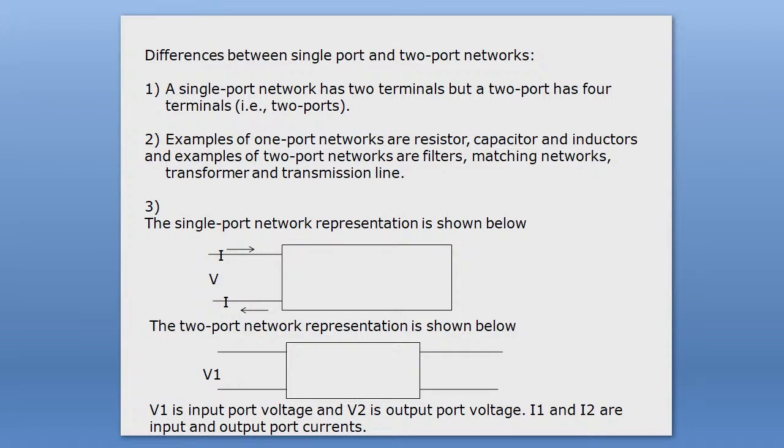For the two port network, the applications are filter design, matching network design, transformer, or transmission line purpose. And one important application of two port network is the AC analysis of transistor.